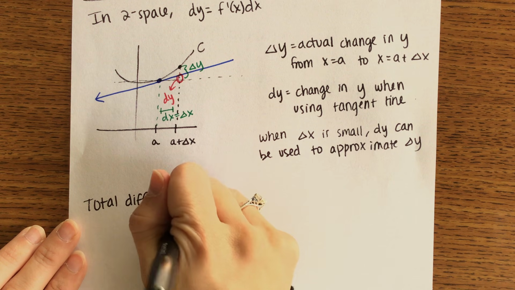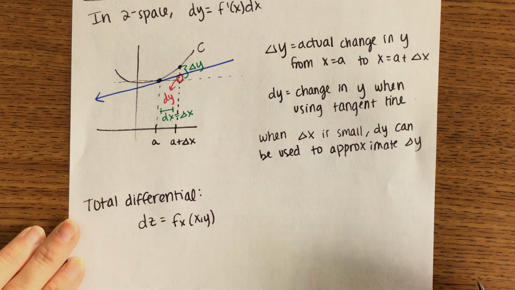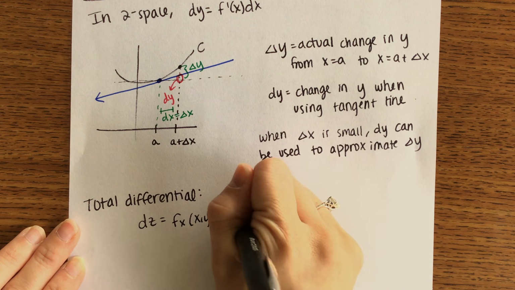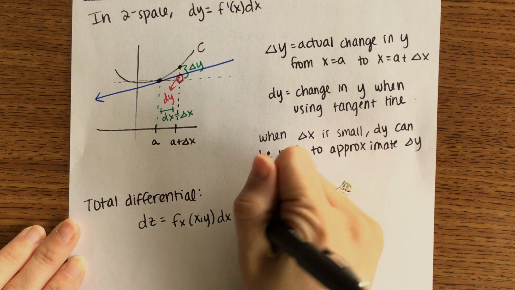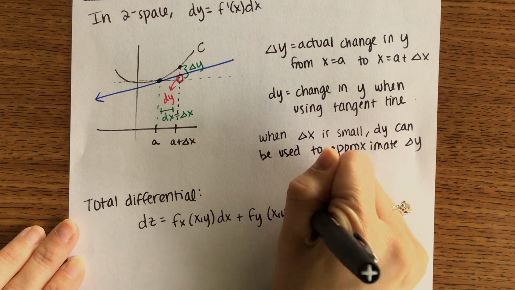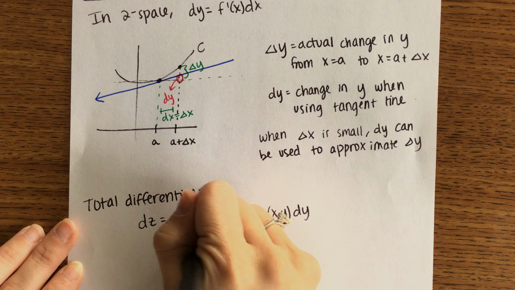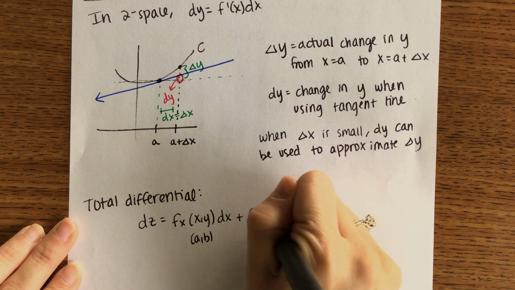It's going to be the first partial with respect to x at the point xy times dx plus the first partial with respect to y times dy. Instead of xy, you might see the point AB.